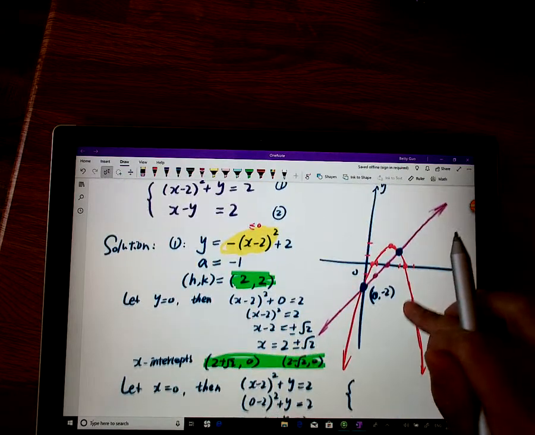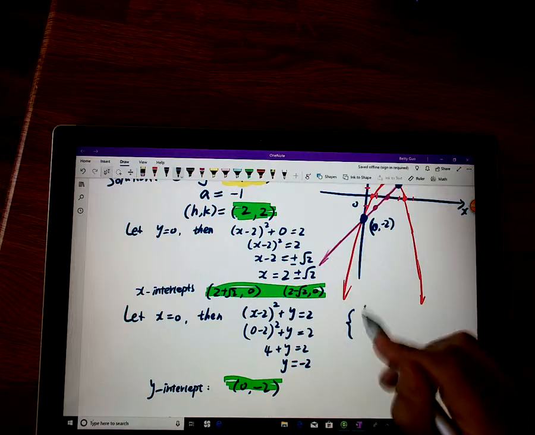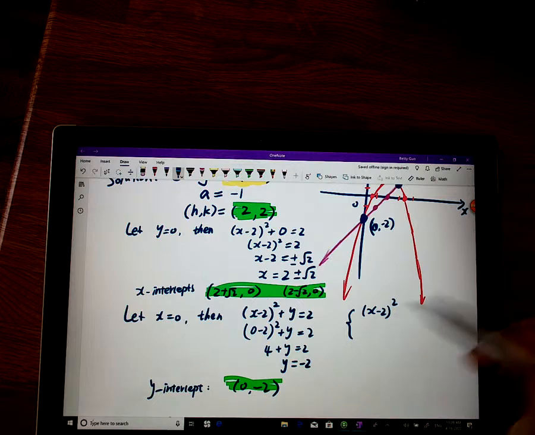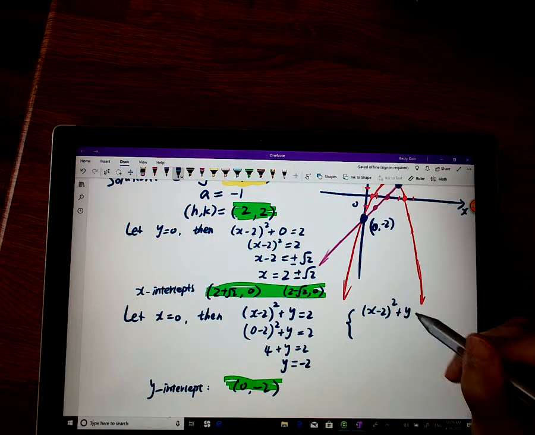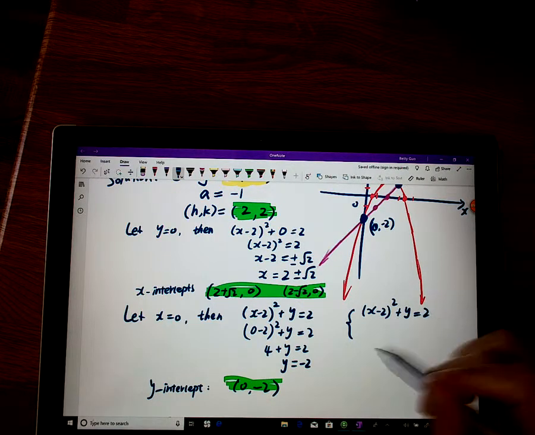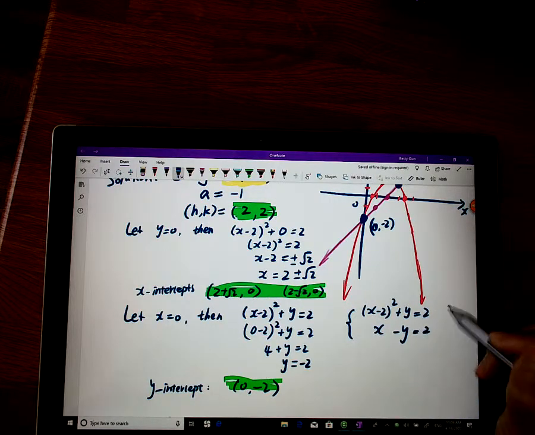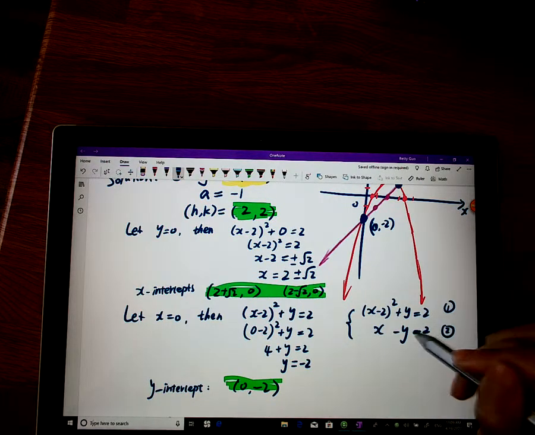Let me copy the system one more time. (x minus 2) to the power of 2 plus y equals 2. And this one is x minus y equals 2. This is equation 1, this is equation 2.